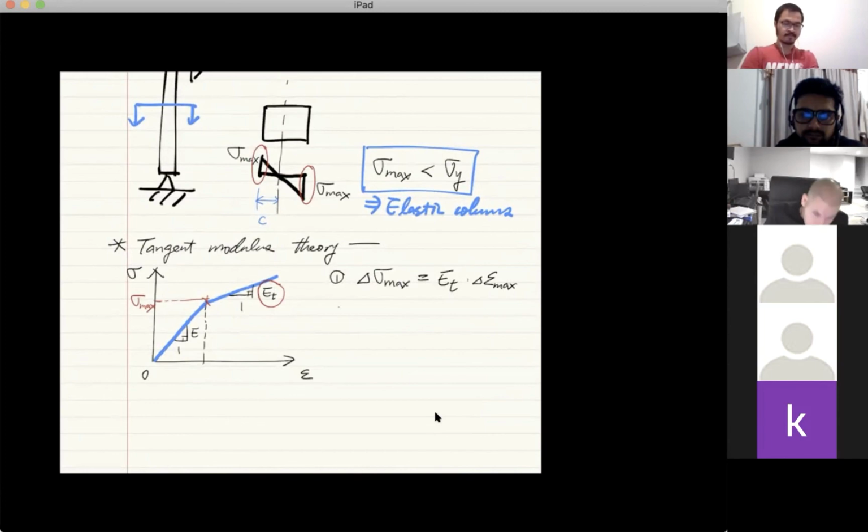And of course, in terms of internal moment, it can be written as tangent modulus times mass moment of inertia times curvature.